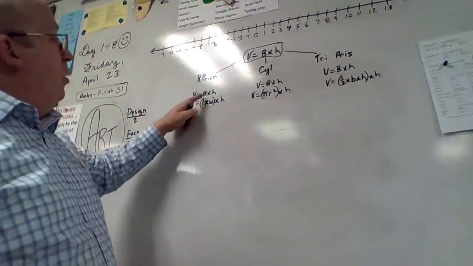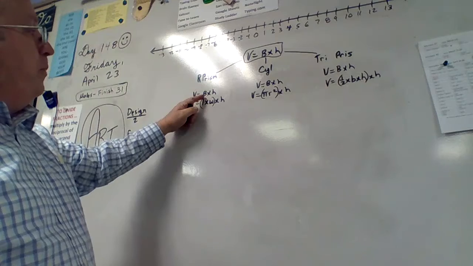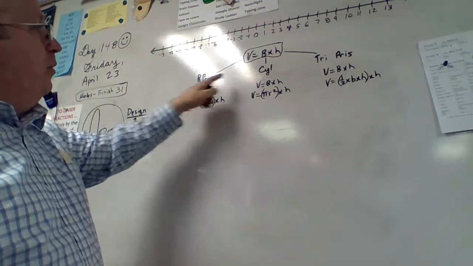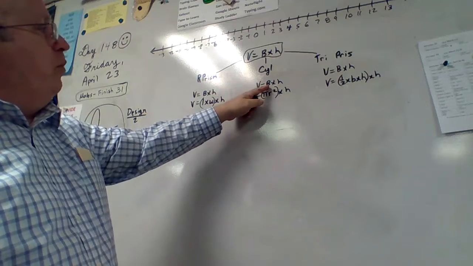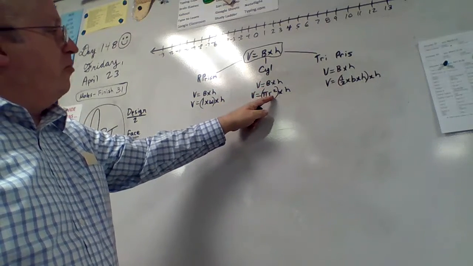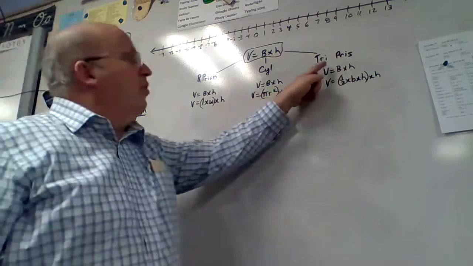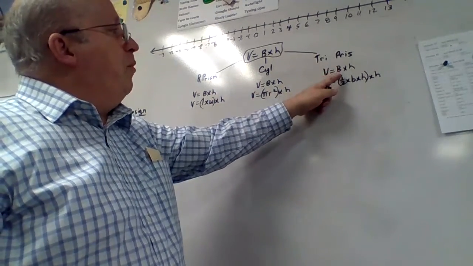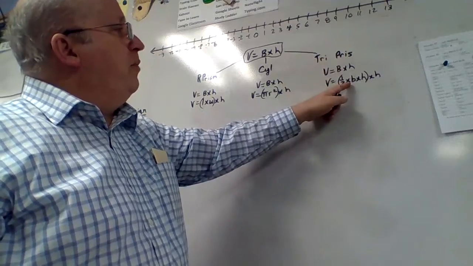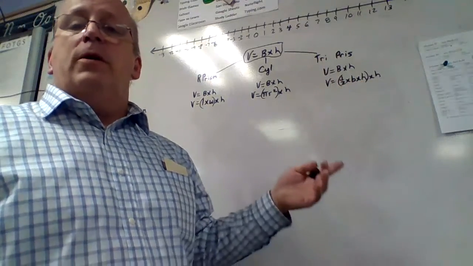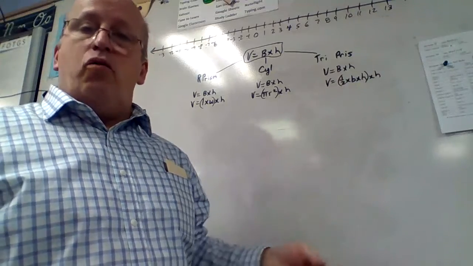So you'll notice I rewrote capital B as L times W for a rectangular prism. For a cylinder, I rewrote the capital B as pi r squared because the base of a cylinder is a circle. And I rewrote the capital B for the triangular prism as 1/2 times base times height because the base of the triangular prism is a triangle.